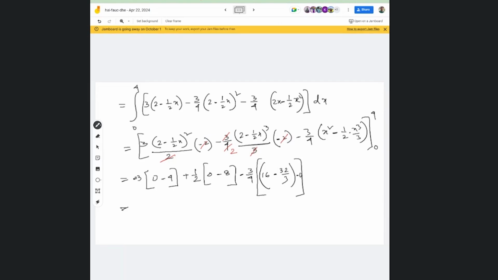So you can come up with 312, minus 4, minus 3 by 4. The 3s cancel out, 16, 16 by 4 means 4. So the result is 4.